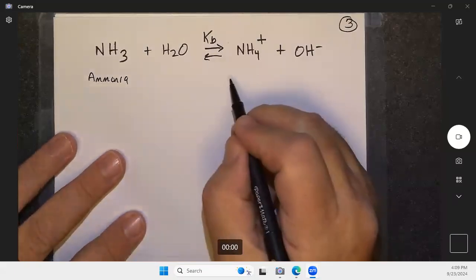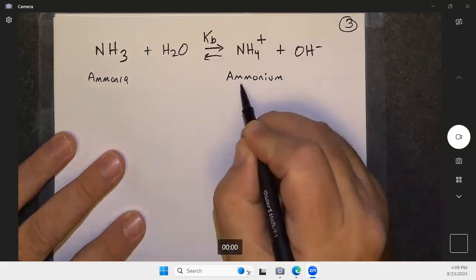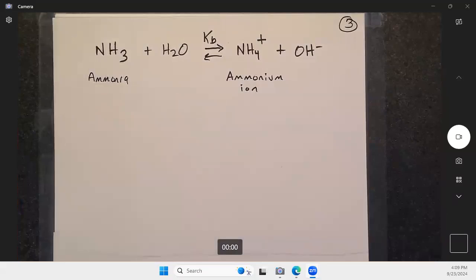But over here, this is ammonium ion. And it's got four things around it. And anytime the nitrogen has four constituents around it, right, it's an ammonium-like nitrogen. Okay.